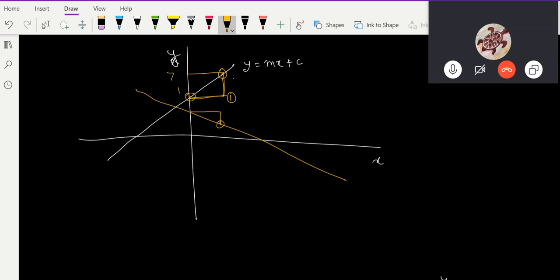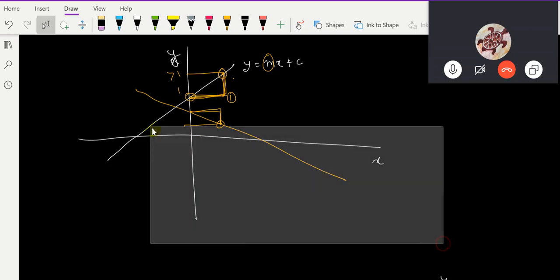This is greater than 1. So the value of y increases as you go in the positive direction of x. That's why this is positive. And here, as you go along the positive direction of the x-axis, the value of y decreases, right?